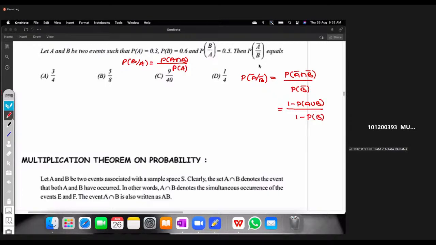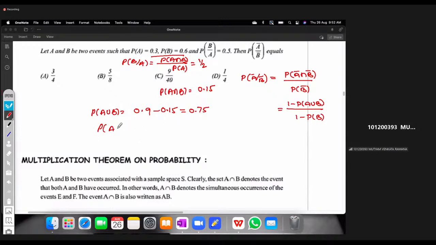So what is this one? From here, this is equal to 1 by 2, as given. So probability of A intersection B is equal to 0.3 by 2, so 0.15. So probability of A union B is equal to probability of A plus probability of B minus probability of A intersection B, which is equal to 0.75.